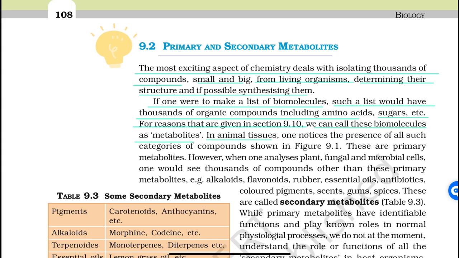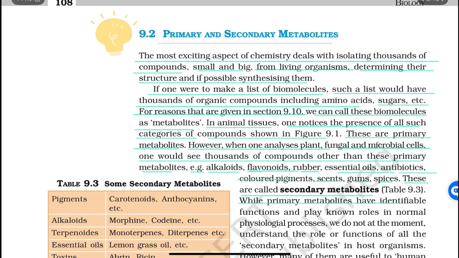In animal tissues, one notices the presence of all such categories of compounds shown in figure 9.1. These are primary metabolites. However, when one analyses plant, fungal, and microbial cells, one would see thousands of compounds other than these primary metabolites. Examples: alkaloids, flavonoids, rubber, essential oils, antibiotics, colored pigments, scents, gums, spices. These are called secondary metabolites.